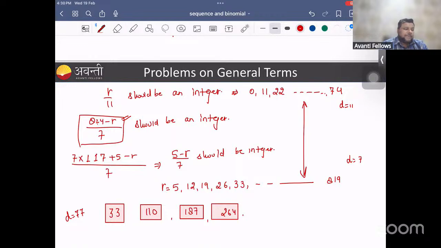Next will be 341. Next will be 418. Next will be 495. Next will be 572.